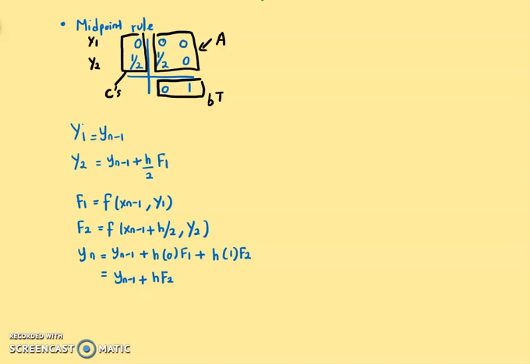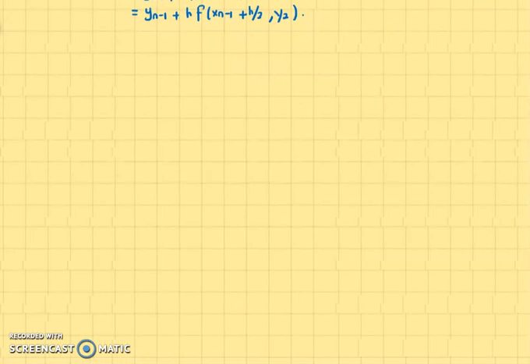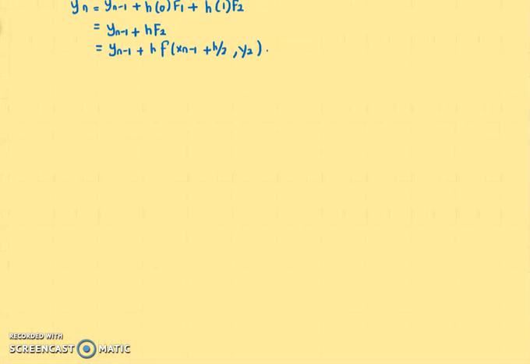You can always substitute your f value here, so that my f2 is f of xn minus 1 plus half, Y2. So this is the midpoint rule.